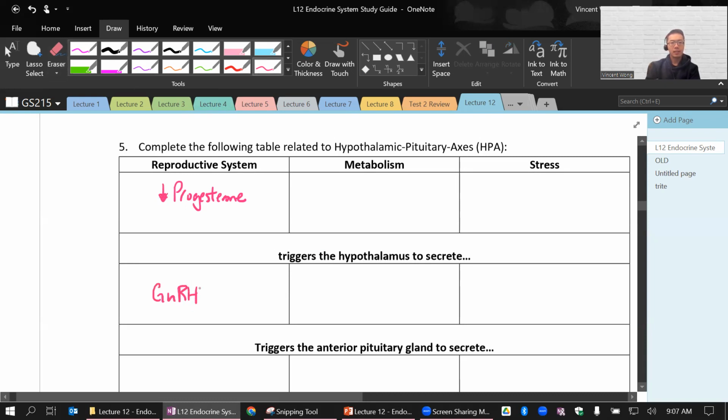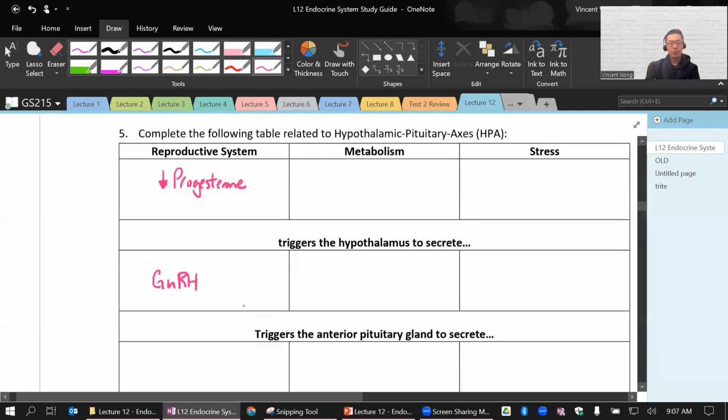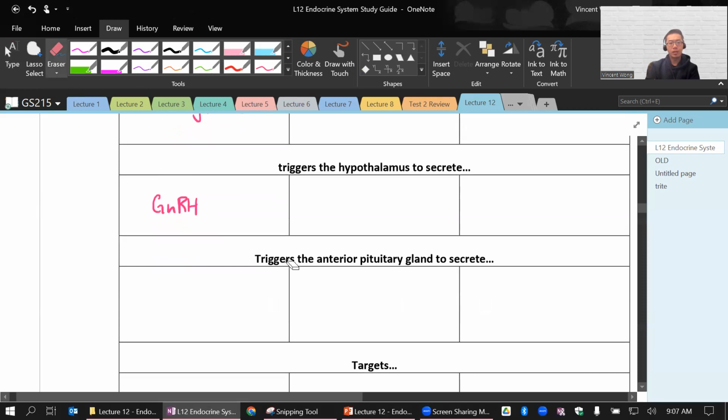GnRH. Okay. So low progesterone triggers the hypothalamus to secrete GnRH, and then GnRH triggers the anterior pituitary gland to secrete FSH and LH, right? So of course they're like the first half and the second half, okay?